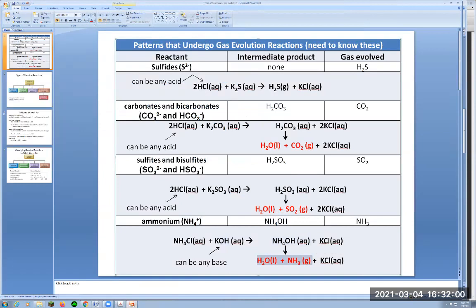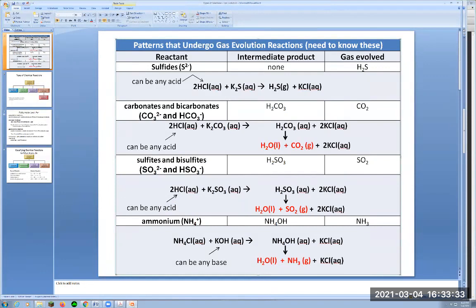The other kind of gas evolution reactions that you need to be aware of are from the sulfite or bisulfite ions, which are SO3 negative 2 or HSO3 minus 1. When you combine them with any kind of acid, they will form H2SO3.